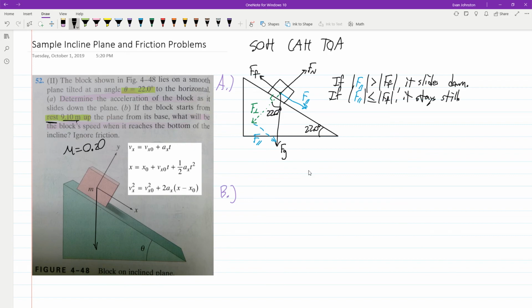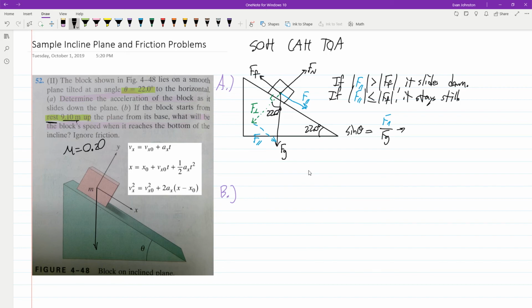Now, the neat thing is we still just need to find force parallel. We still need to find force perpendicular, because that's really the only thing we can do right now. We have the same setup. So again, sine of my angle is our force parallel over the force of gravity.